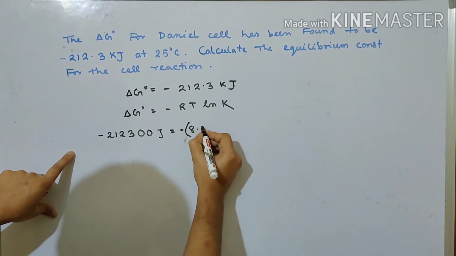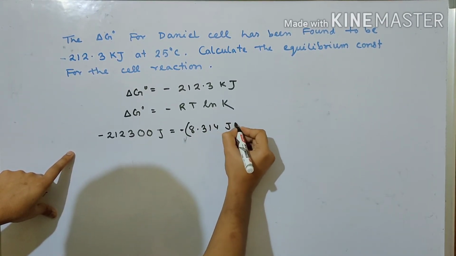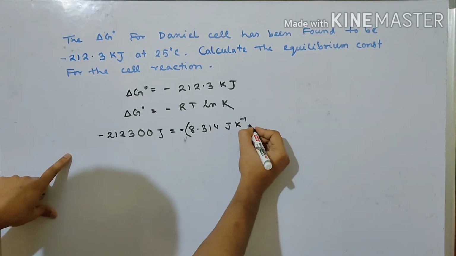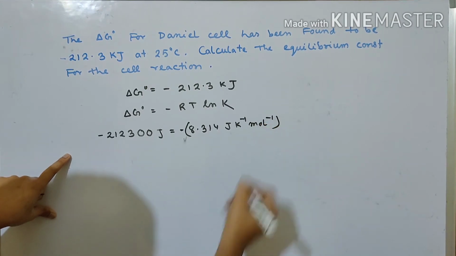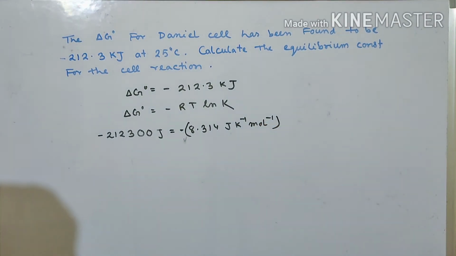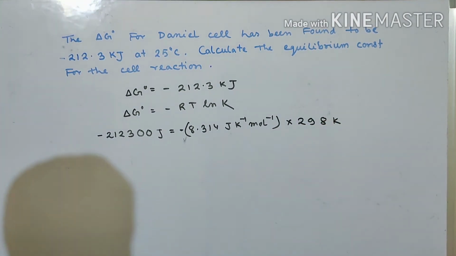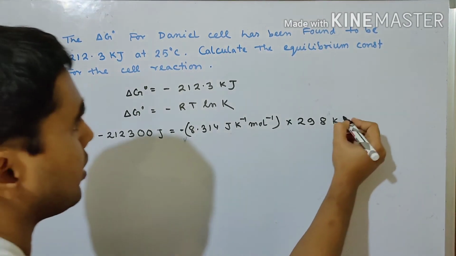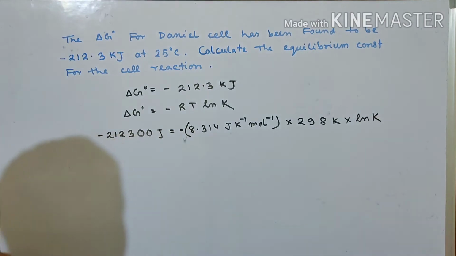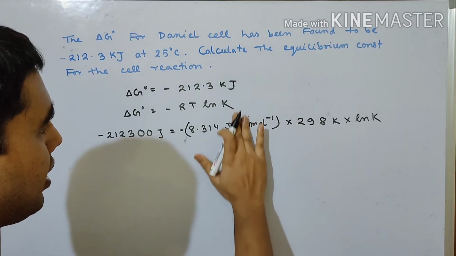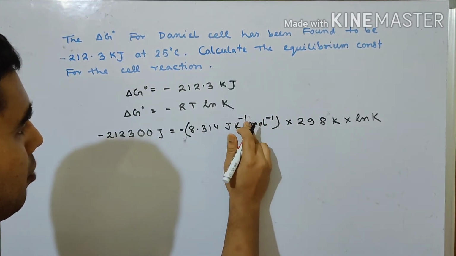Then temperature is supposed to be 298 Kelvin. So these are known. Now ln K. You shouldn't be writing like that; you should calculate in your mind.